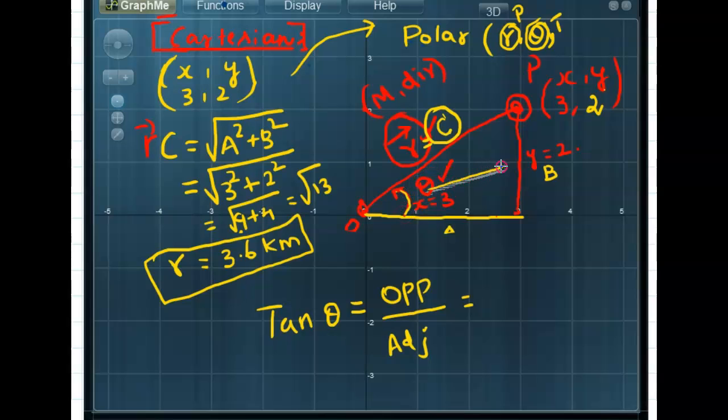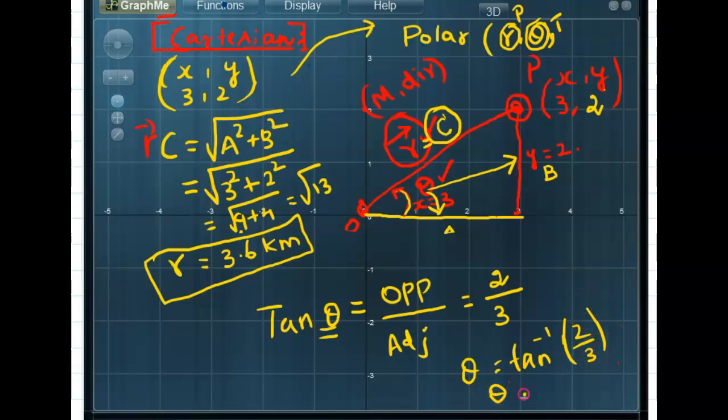Opposite of this theta is here 2, so 2 divided by adjacent of this theta, which is the x coordinate, here 3. So now I want the theta. So you can write tan inverse 2 divided by 3. So theta is equal to, the answer is 34 degrees.